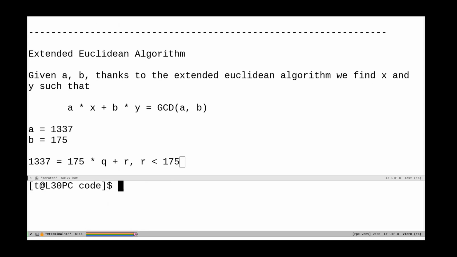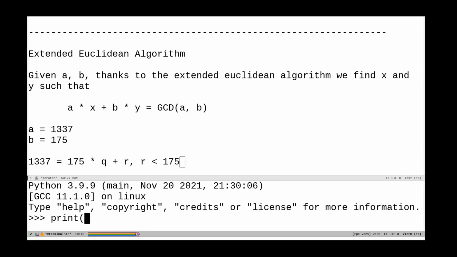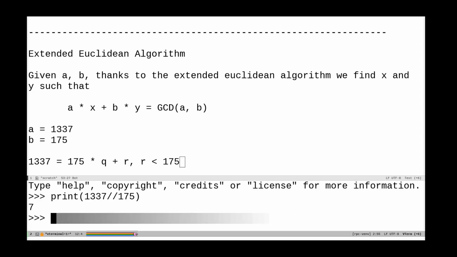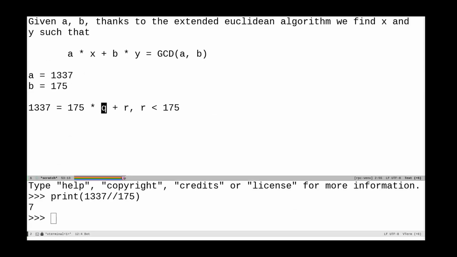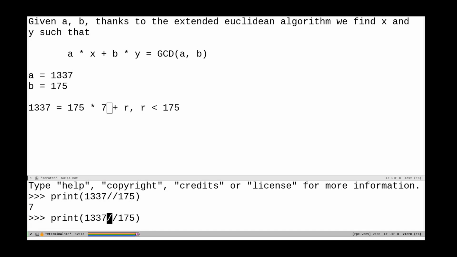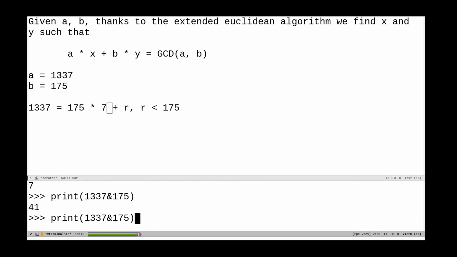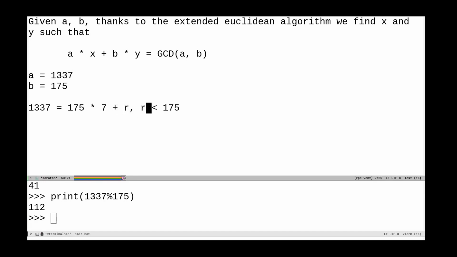We can simply compute it: the quotient is 7 in this case, and the remainder is 112.